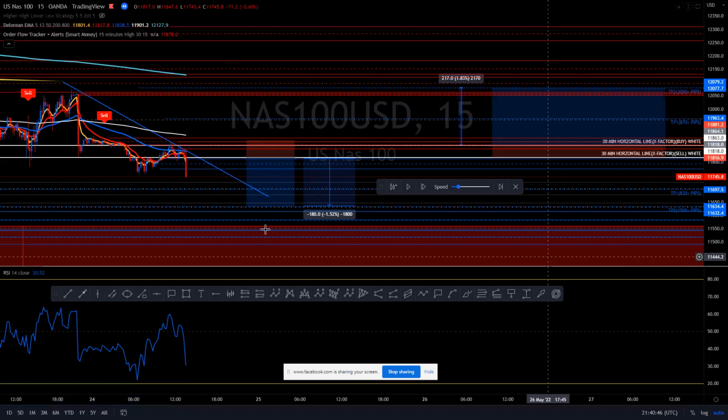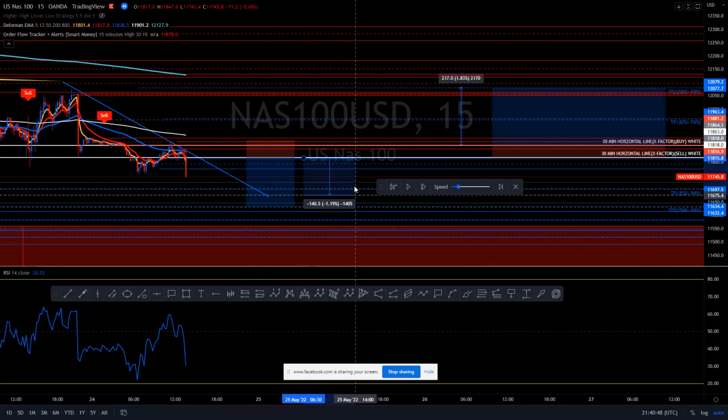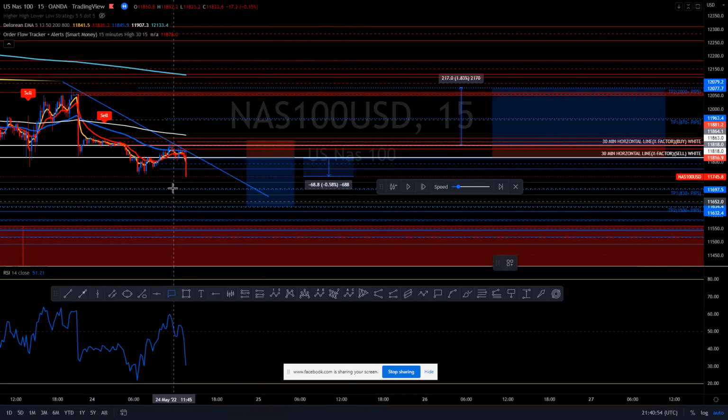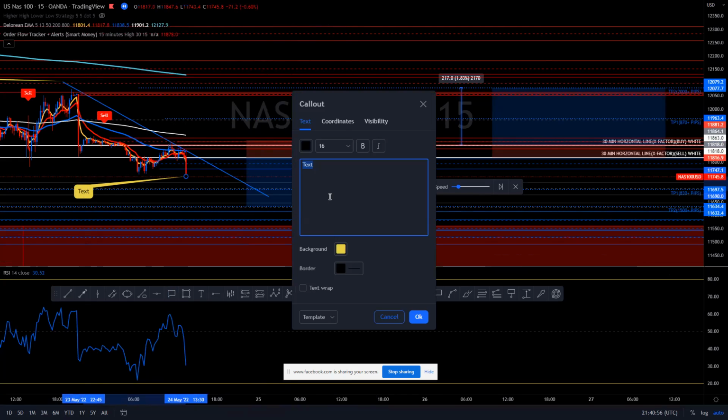So what I'm going to say is at this point, over 680 plus pips were smashed in NAS. So I'm going to make a note here. I'm going to say TP1 smashed equals 680 plus pips.